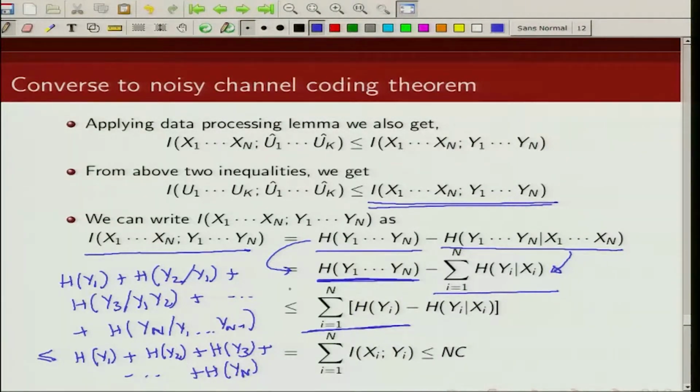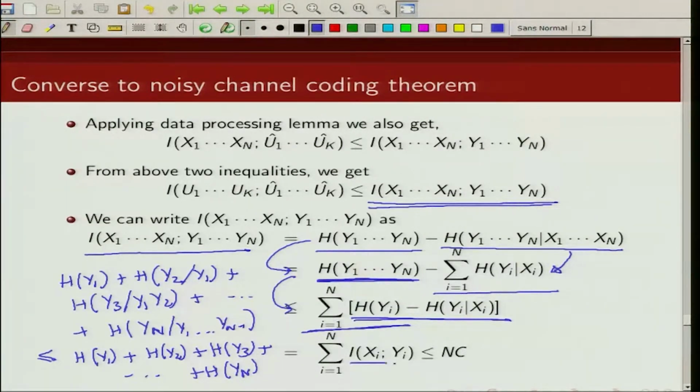So, then from here I can write this expression as summation i goes from 1 to n of h of yi minus h of yi given xi. And what is this term? This term is mutual information between xi and yi.